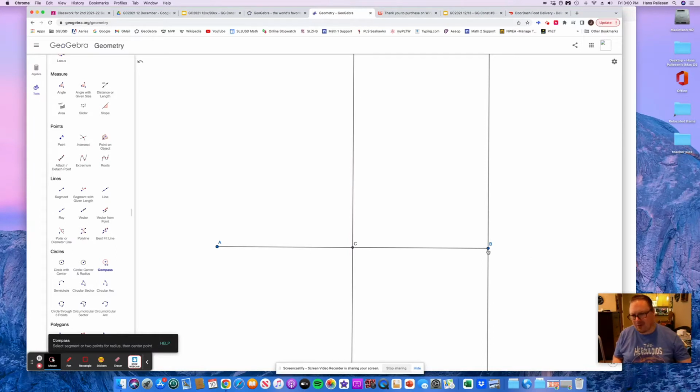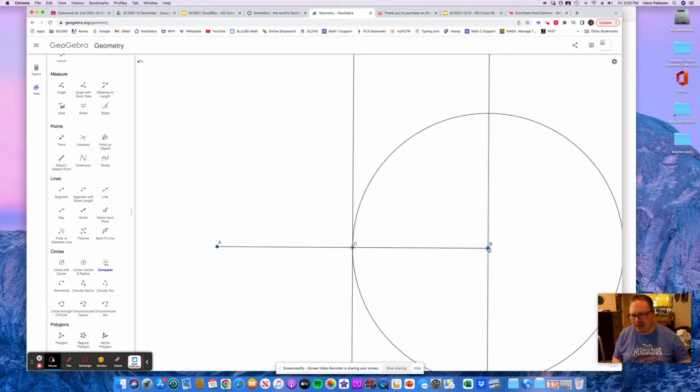Go from B to C. Put that circle on B. And then where it intersects, that intersection is D. Okay. And then we can draw in that segment from A to D.